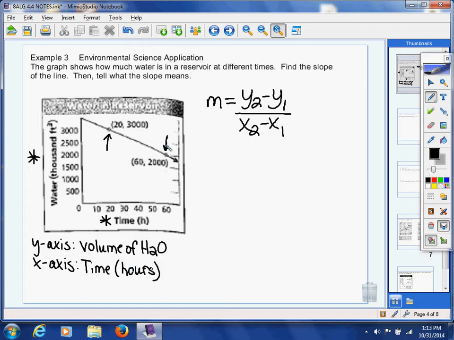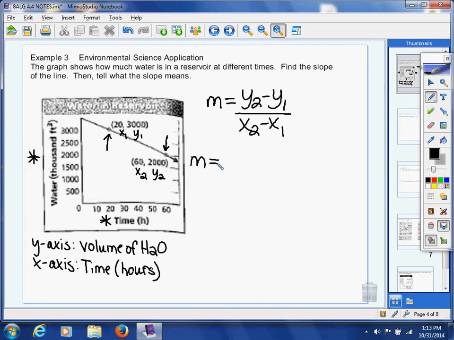Now, if you know 2 points and we are trying to calculate the slope, then the most obvious and logical thing to do is use the slope formula. So call one of them point 1 and the other one point 2. It doesn't matter, just pick one of them. So let's call this top point point 1 and let's call the bottom point point 2, okay? It ultimately doesn't matter. If you want to reverse it and do it the other way, that's fine. You can do that in your notes. Won't hurt my feelings at all.